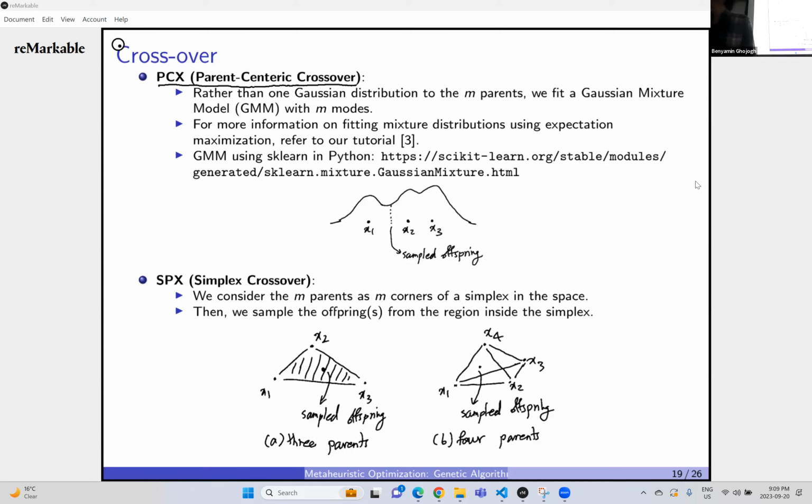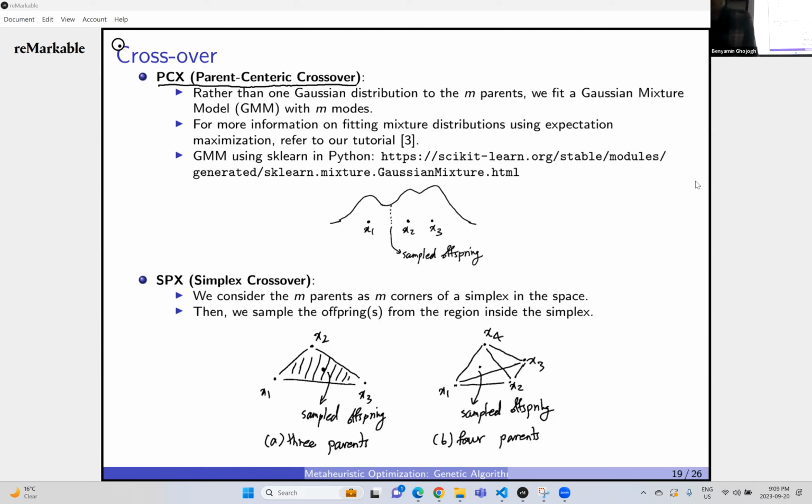If I fit a unimodal Gaussian, it becomes like this, right? But if I fit a mixture of several Gaussians, then it will give me several modes, right? Where the integral under this probability distribution is 1. Okay? Then I sample from this. This is more accurate than fitting 1 Gaussian, right?